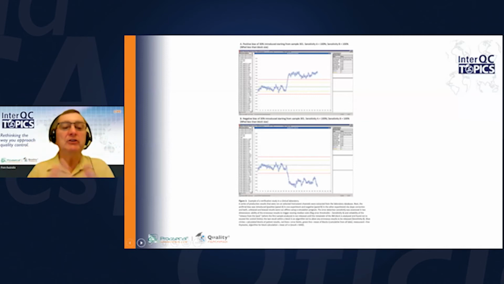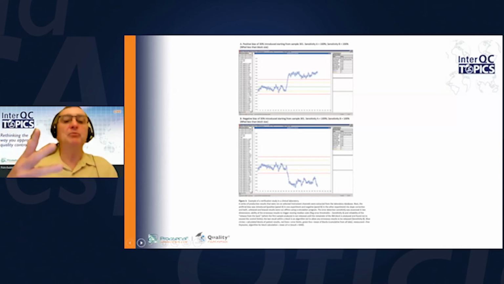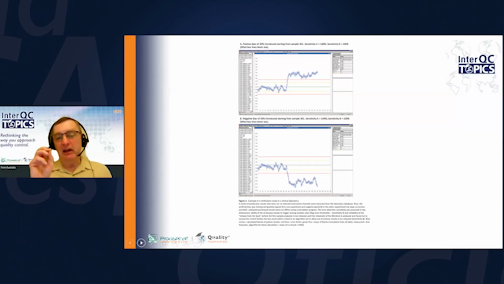And what you can do then is change the algorithm or the control limits or the block size, and keep doing that over and over again, or get your simulator to do that, to optimize that data. That previous paper that I mentioned in Clinical Chemistry, with the software available, does all this for you, but this shows you what you need to do to simulate that you can actually detect an error.